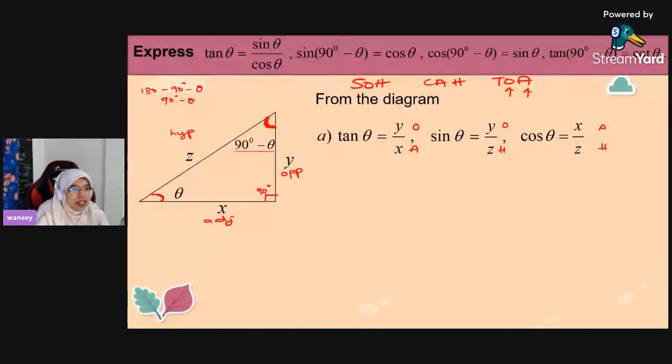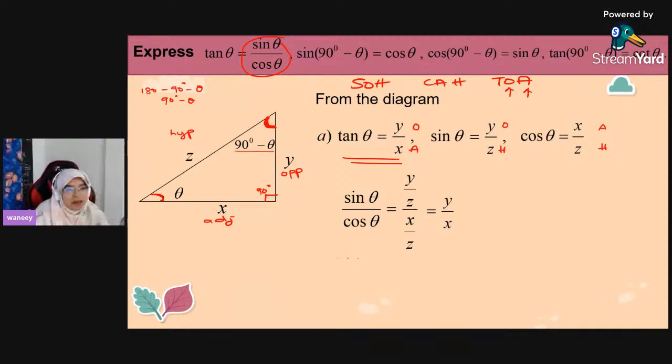Okay, so let us try to find out what is sine theta over cos theta. If I divide them, I will have y over z divided by x over z, which means when I simplify them, sine theta over cos theta will give me y over x. Therefore, I can see that tangent theta is y over x, and sine theta over cos theta is also y over x.